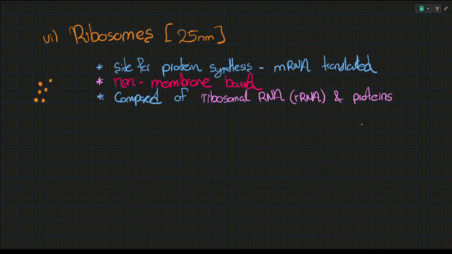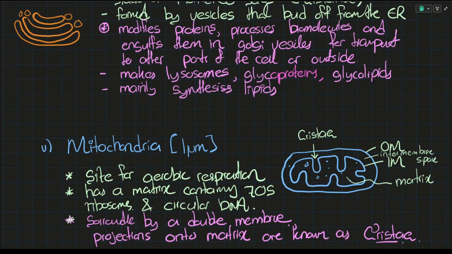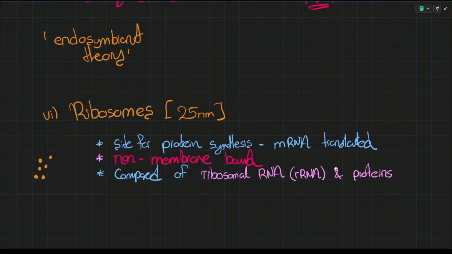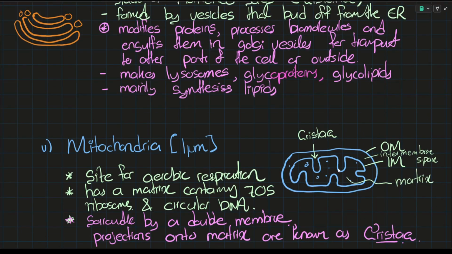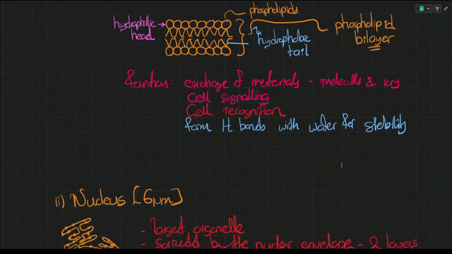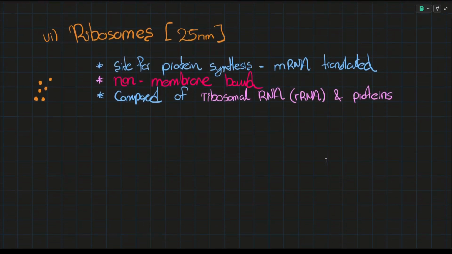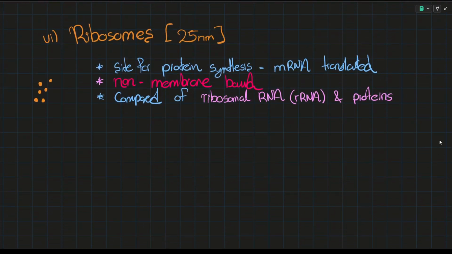Now, before we talked about 80S, we talked about 70S. What is S? What is 80? What is 70? Here's the distinction that I'll give you, and you're going to remember this for the rest of your life because this is going to come up a lot no matter what you do.